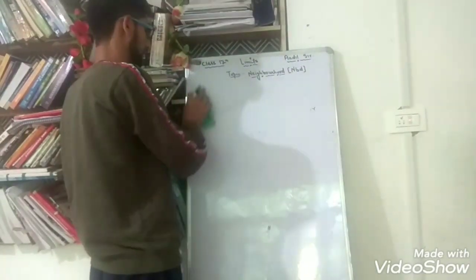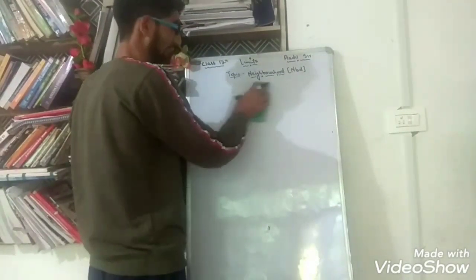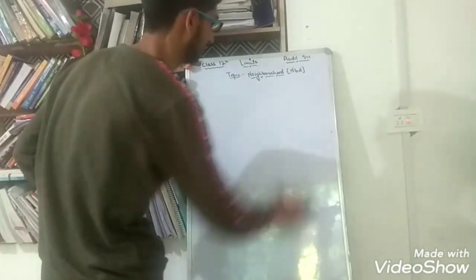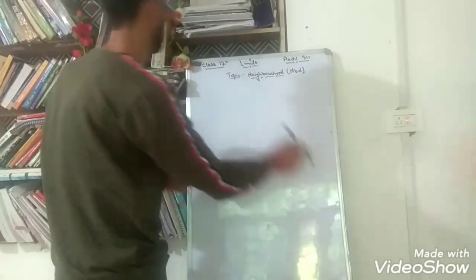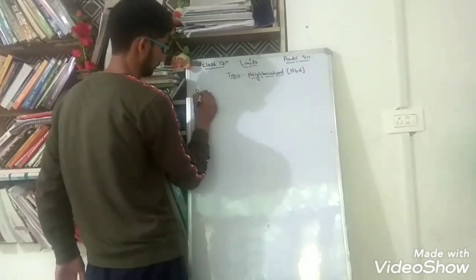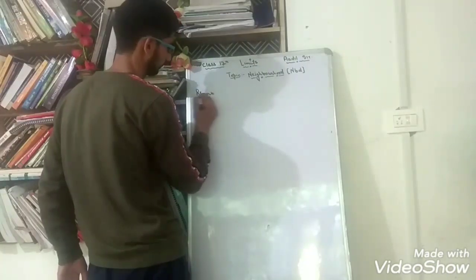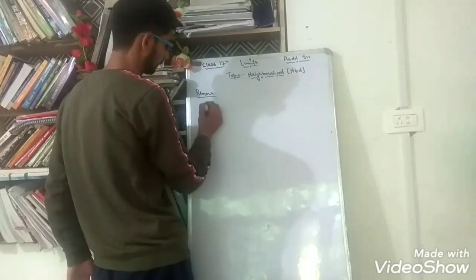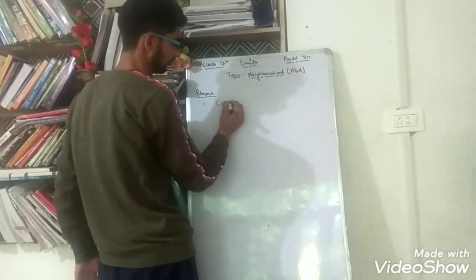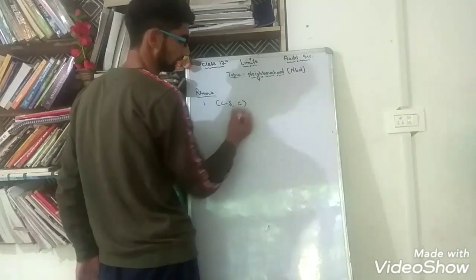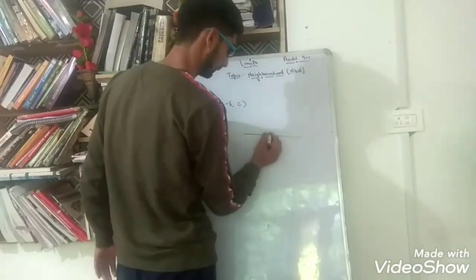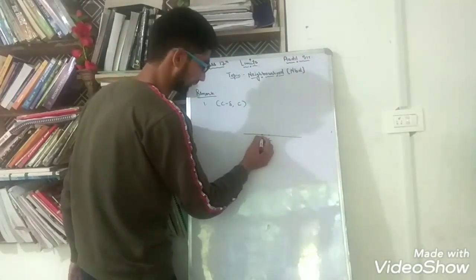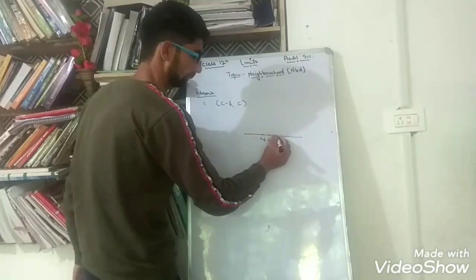Now you write a few remarks. I have already given them in the definition, but for your remembrance and ease, it is better you write them as remarks. The first one: we have a point C here. C minus delta is this point, and here is C plus delta.